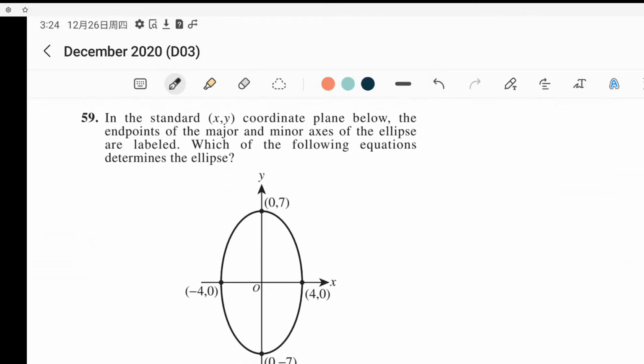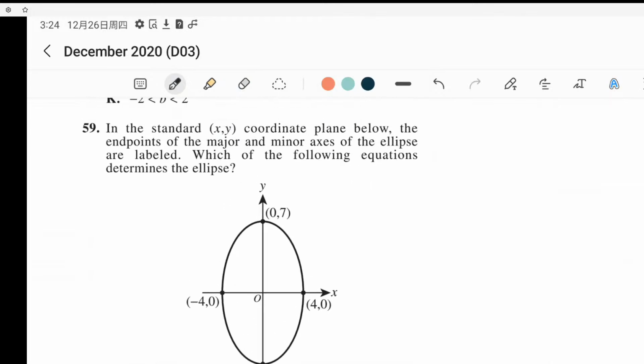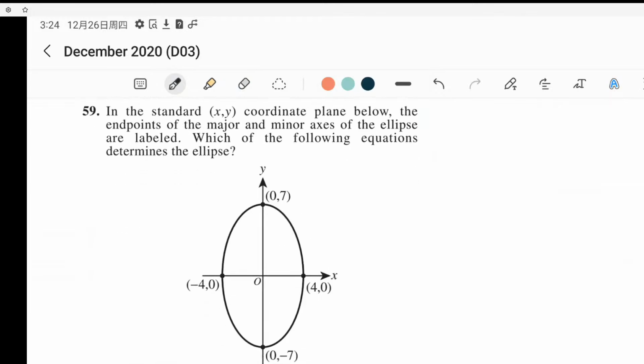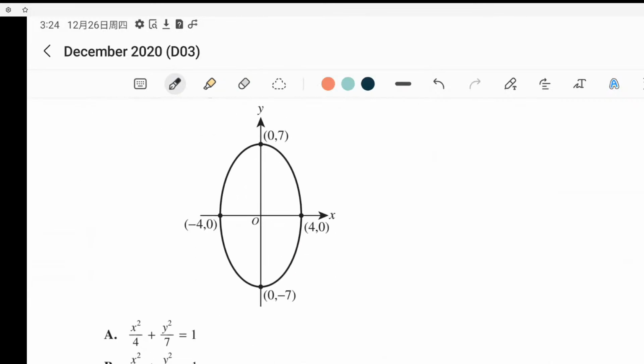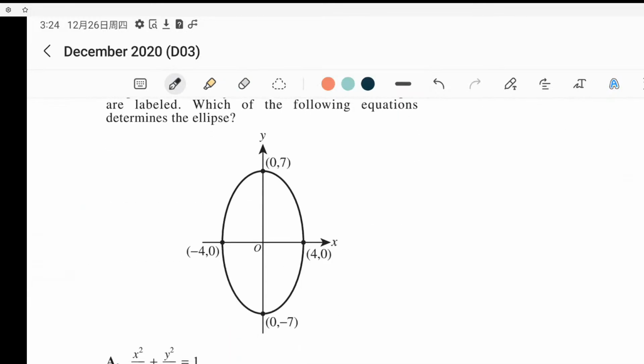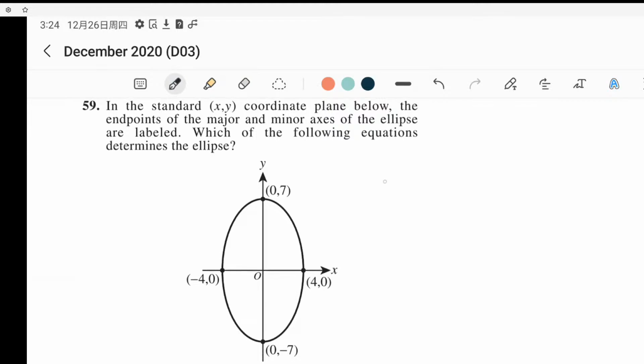An ellipse is what looks like a circle but not a circle. And this is simply testing the knowledge of the equation of an ellipse. So for an ellipse, the equation will be x over a squared plus y over b squared equals 1.